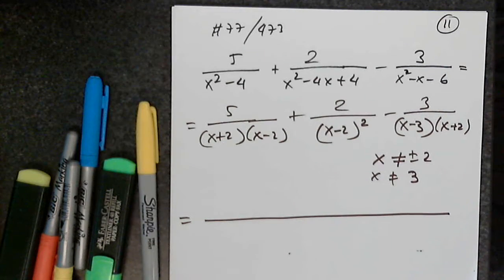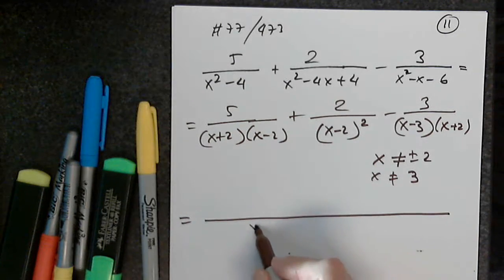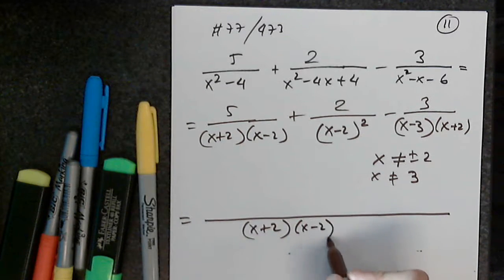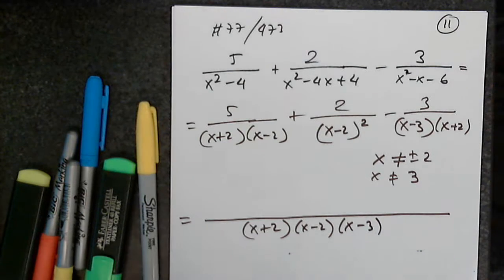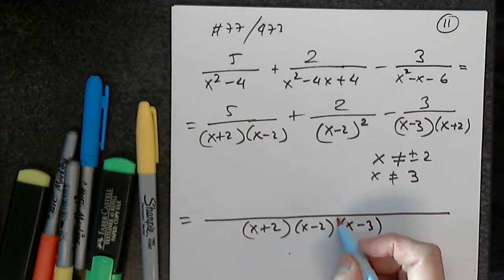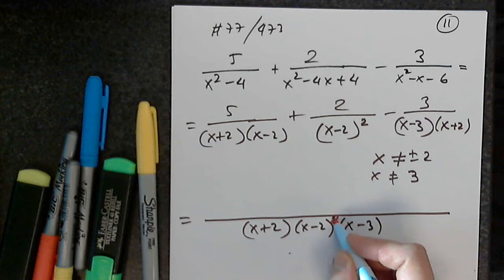Now I need the least common denominator. How many different factors do we see here? X plus 2, x minus 2, and x minus 3. However, I have to talk about powers or exponents. For which one? What will be the power of x minus 2 in the least common denominator? 2. Very good.